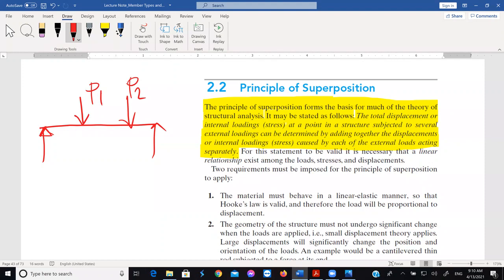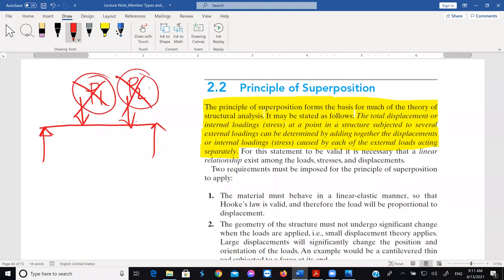So if we want to determine the internal effects of these external forces in this structure, the principle of superposition suggests that you can do it just by applying the P1 force alone without P2 applied on this structure, and then removing the P1 and applying P2 only, and just summing up the effects from P1 and P2.